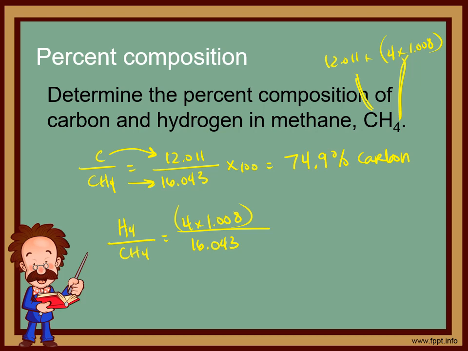So 4 times 1.008 gives us 4.032 divided by that 16.043 times 100 to make it a percent, and calculator says 0.2513, lots of digits. I'm going to round that to 25.1% hydrogen. So the mass of methane, CH4, is 74.9% carbon and 25.1% hydrogen.